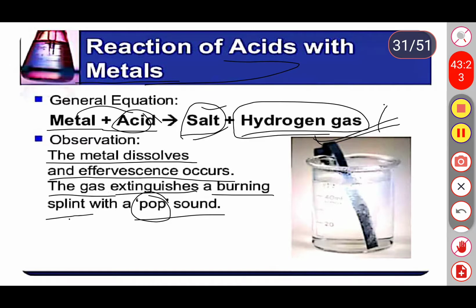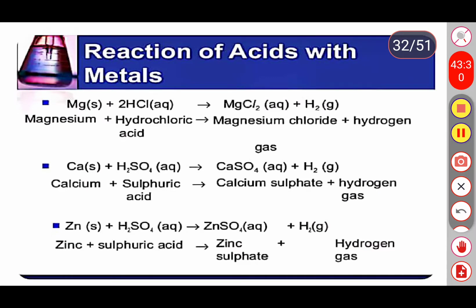See here, some examples are given for the reaction. When magnesium reacts with hydrochloric acid, it forms magnesium chloride, which is a type of salt, and hydrogen is liberated. Next, when calcium reacts with sulfuric acid, what does it form?